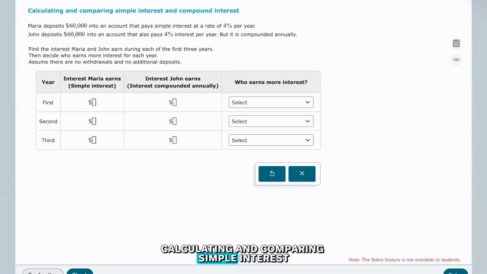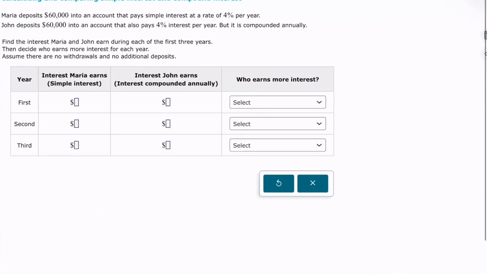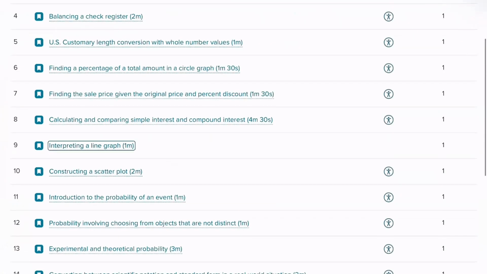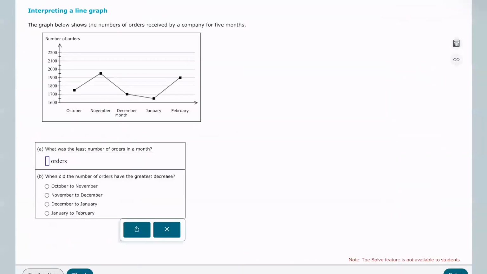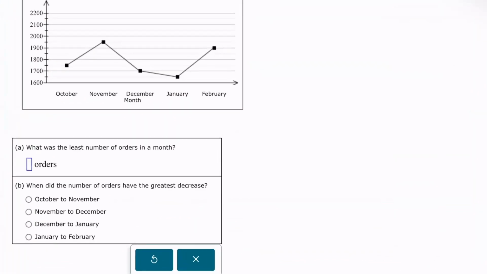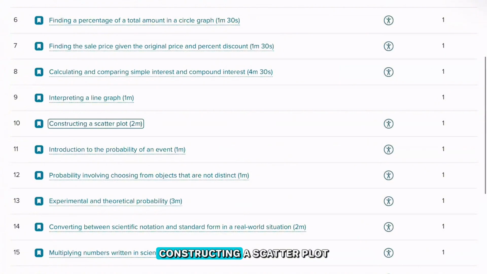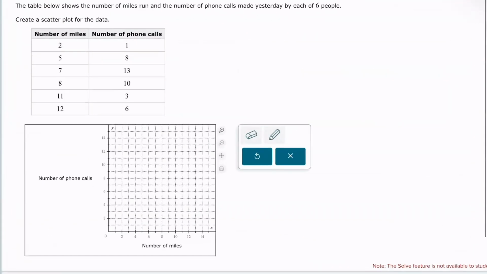Calculating and comparing simple interest. Interpreting a line graph. Constructing a scatter plot.